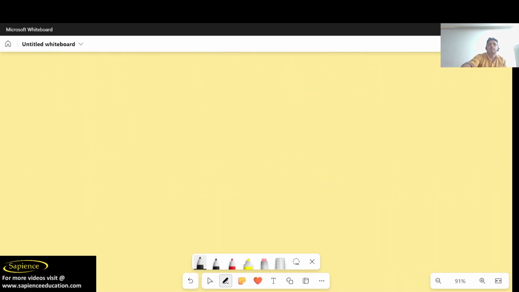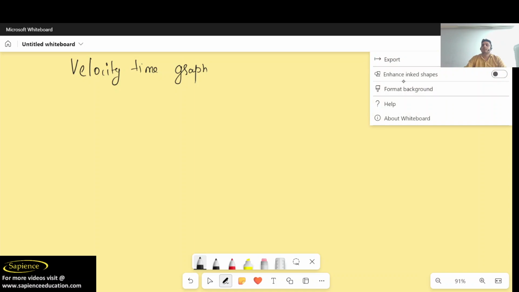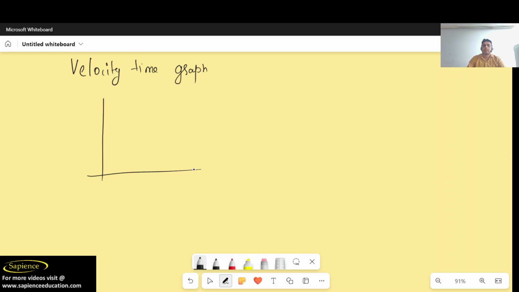Now let us consider a velocity time graph. As I have already discussed the distance time graph, today I am going to discuss the velocity time graph. Let us consider the y-axis as velocity and the x-axis as time.